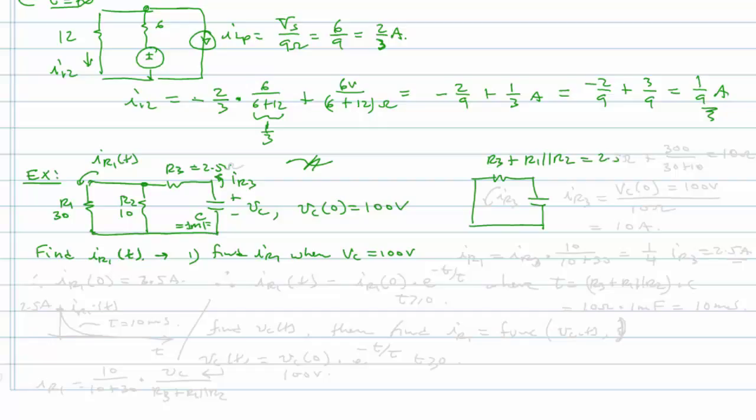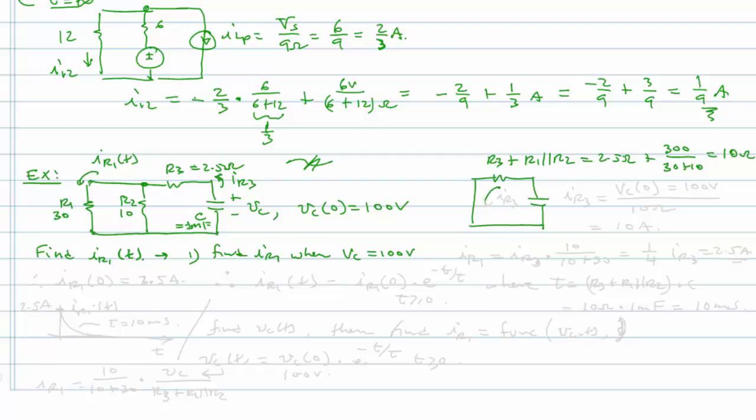So that's 2.5 ohms plus the parallel of 30 and 10. 30 and 10 is 300 divided by 30 plus 10, or 40. So it's 3/4 times 10, or 7.5. And so 7.5 plus 2.5 is 10 ohms.